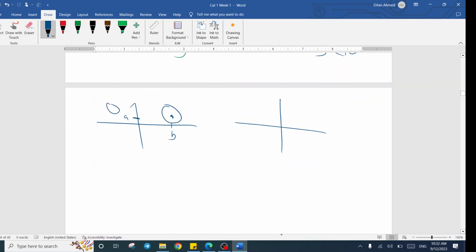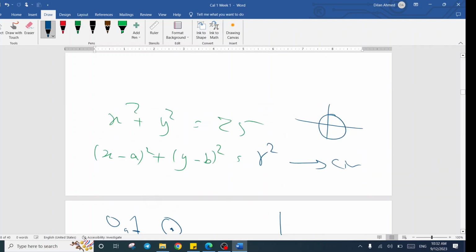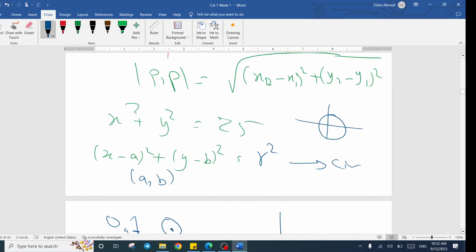So for example, if I say x squared plus y minus 3 squared, it means that I have a circle here. Understood? The center point is at 0 and 3. How about here? The center is at A and B. Careful, here should be minus. If it's a plus, it means that the number is minus.